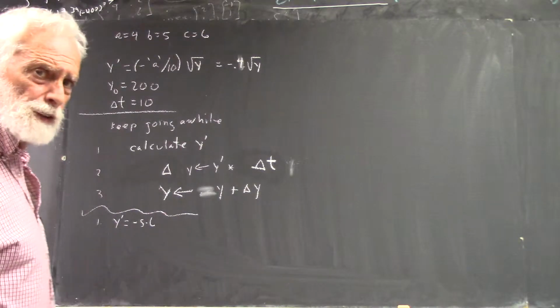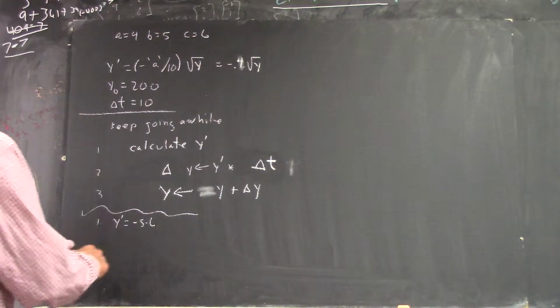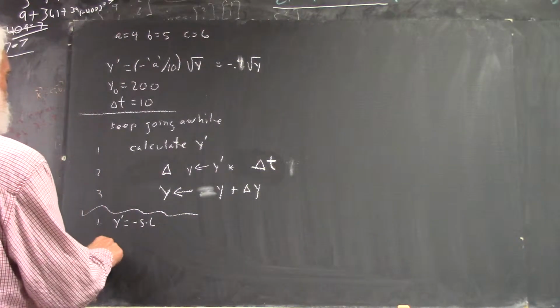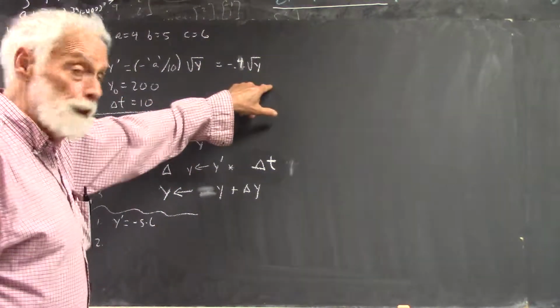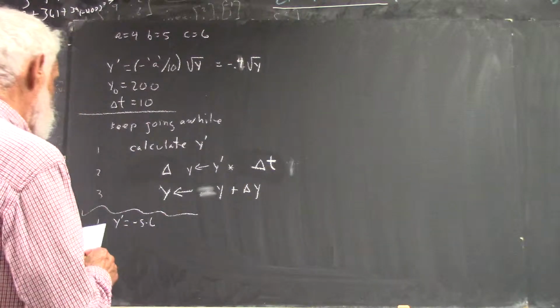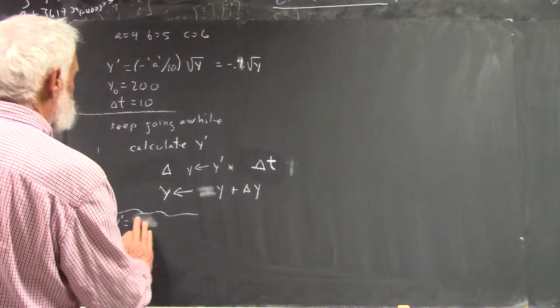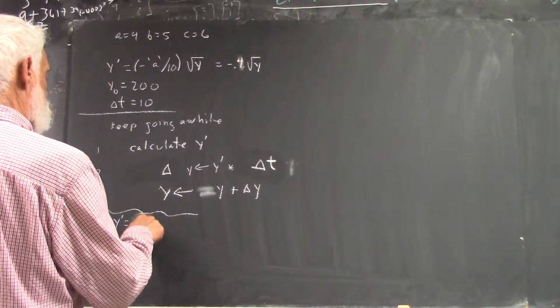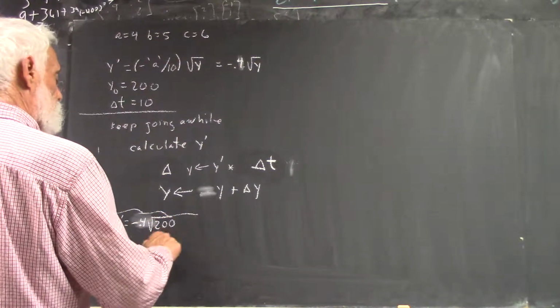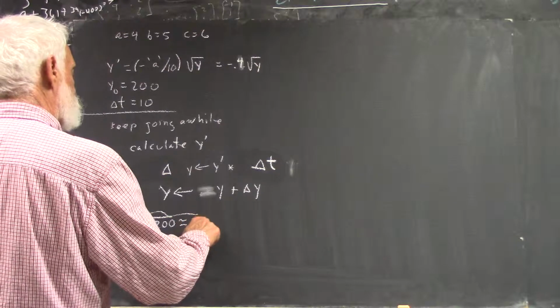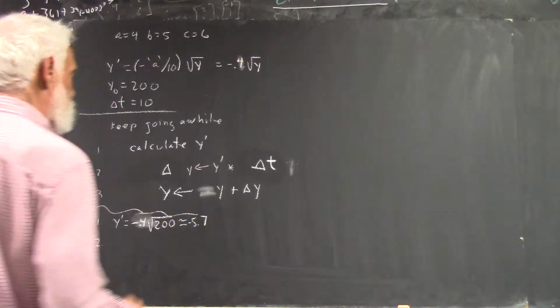That's probably 5.7 something. But we'll just say 5.6, it's an easy number. Okay, and that just comes out of this calculation, right? You put 200 in for y. Just to be so explicit, it's negative 0.4 times the square root of 200. I'll say negative 5.7.